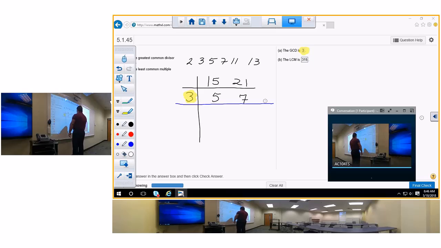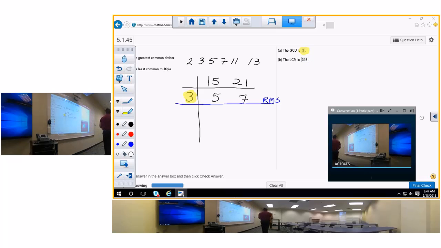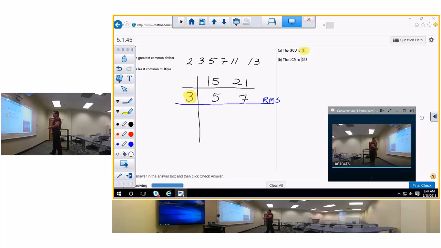And in the videos, you'll see me write real math stops, because these two numbers, nothing will go into 5 and 7. Nothing. 5 will go into 5, but 5 won't go into 7. 7 will go into 7, but 7 won't go into 5. So when you get to the point that you have two numbers that nothing will go into, then you have where the real math stops, and you have your greatest common divisor.